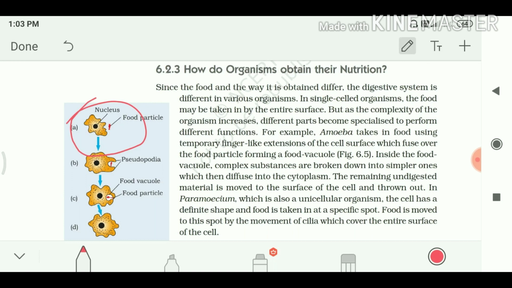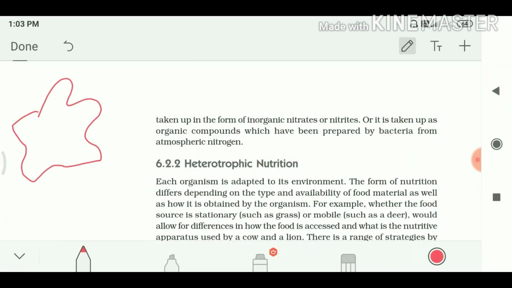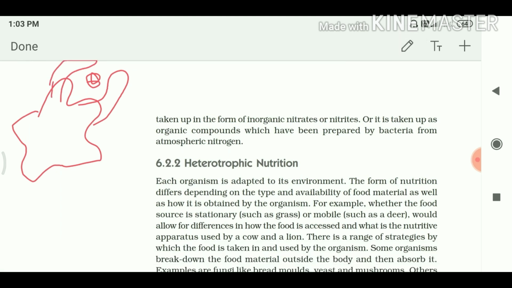Amoeba forms the pseudopodia, that is the false feet. You know that. Look here. It is amoeba, right? If the food particle is here, then the amoeba forms the pseudopodia, the false feet of amoeba, right?